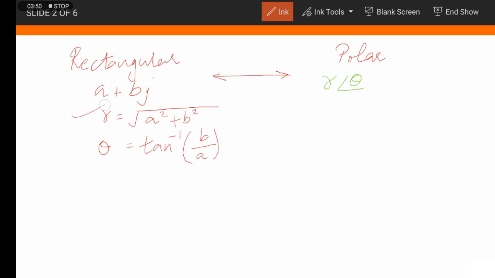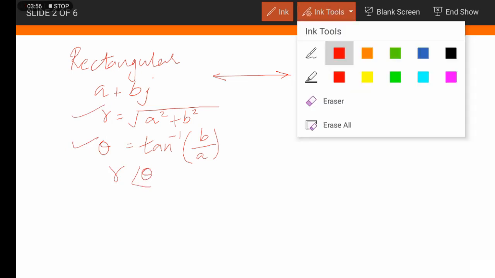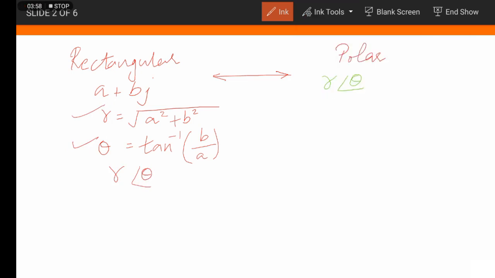So you got r, you got theta, so you can directly represent it by r theta. So what happens when we have r theta and we need to convert it into a plus bj? In that case we have r and we have theta. So a is given by r cos theta, and then b is given by r sin theta.